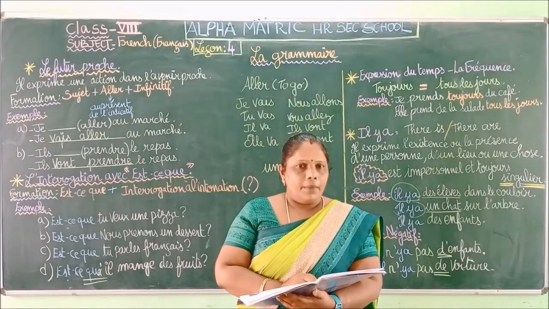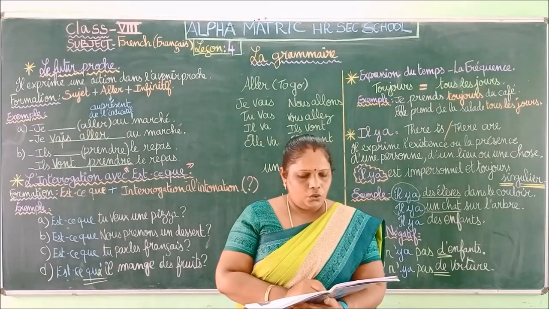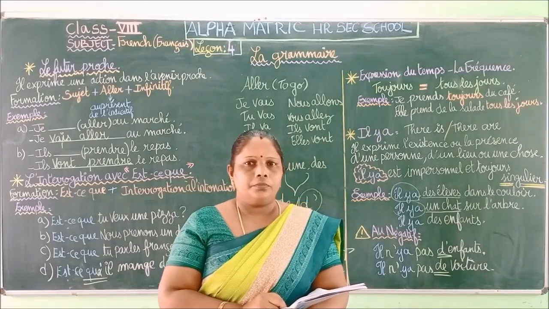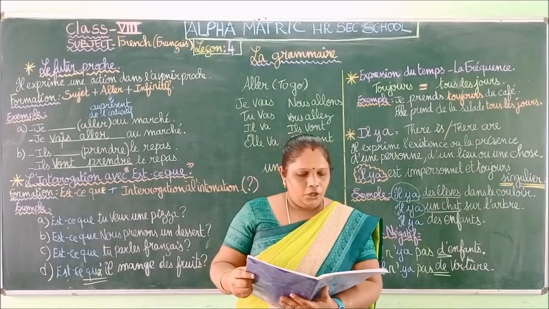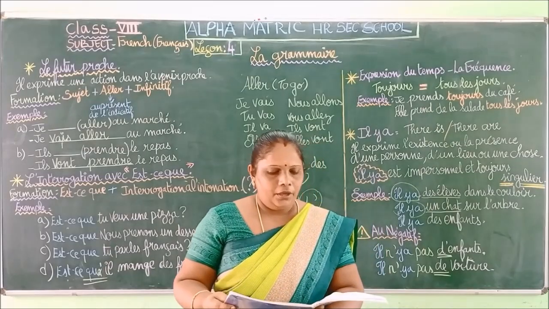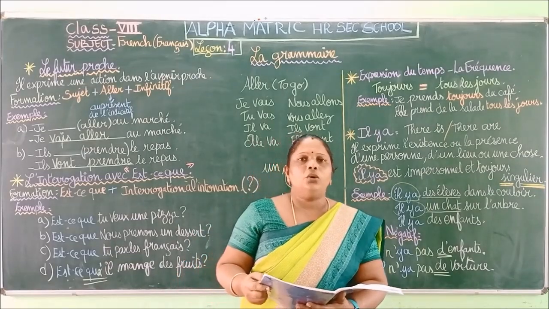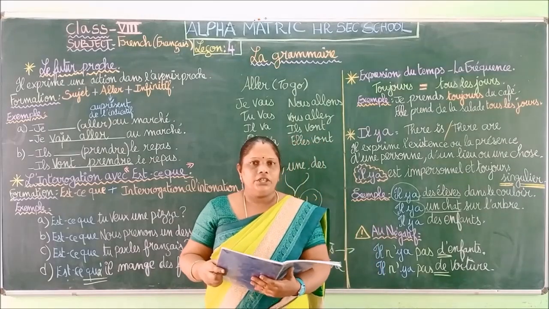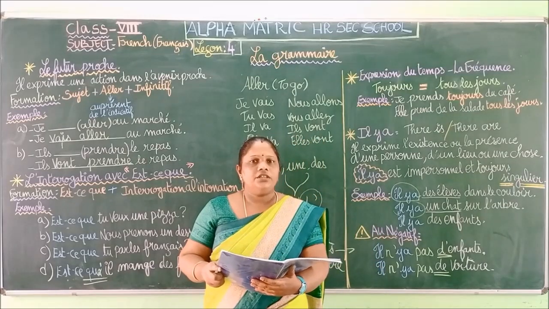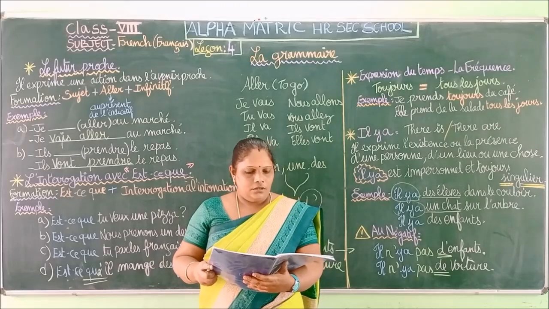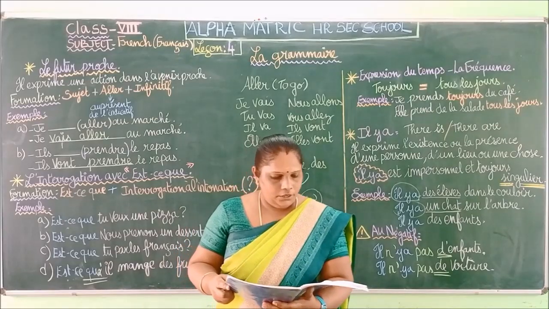Next one, ma mère prend du poisson et mon père prend du poulet au riz. So my mother takes fish and my father takes chicken rice. Okay, sorry.